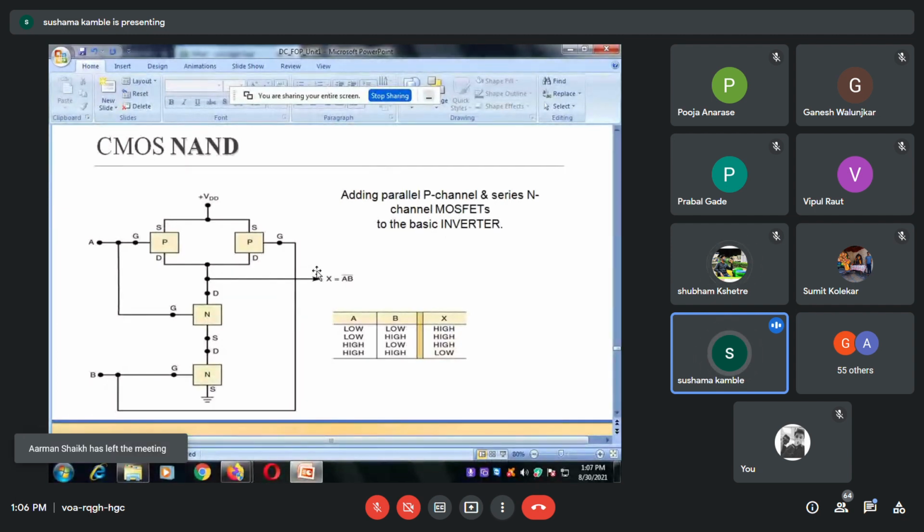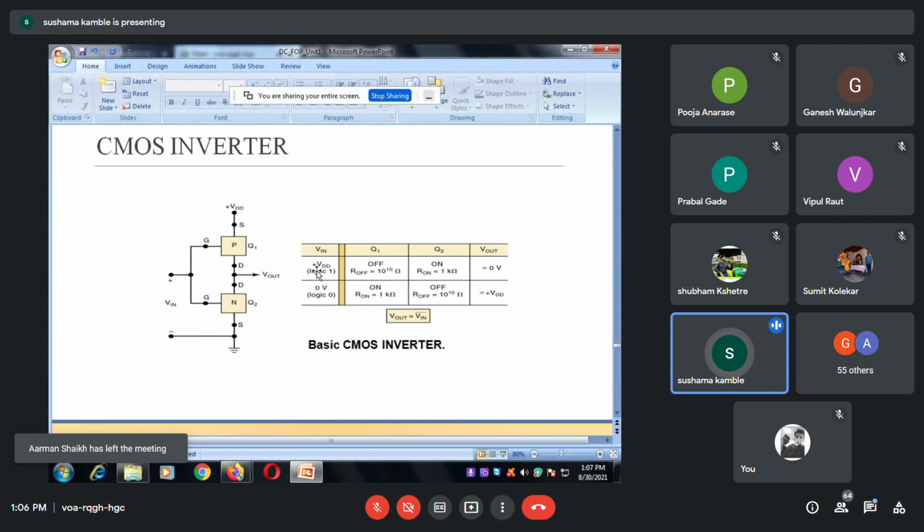Just in case of the CMOS inverter, I have told you, whenever this PMOS is connected to the VDD and this is off, at that time you are getting output as high. Whenever this is off and the source is connected to the ground, at that time we are getting output as low.